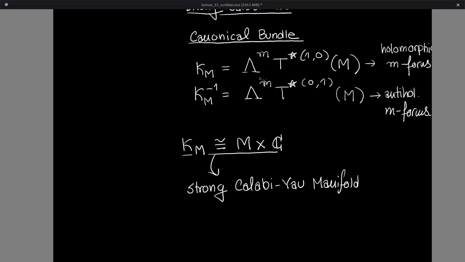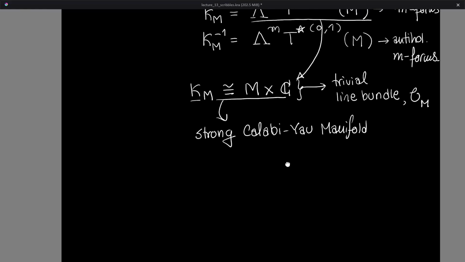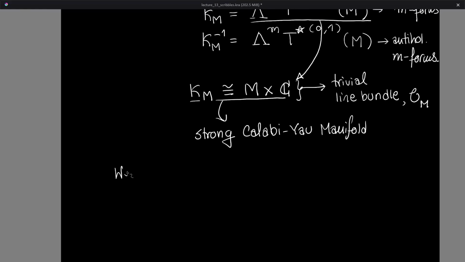What do I mean by that? Well, we have the holomorphic m-forms. If the holomorphic m-forms are isomorphic to what we would call the trivial line bundle, also known as curly O_M, then if the canonical bundle is isomorphic to the trivial line bundle, we get a strong Calabi-Yau manifold. Now, this is as opposed to a weak CY.